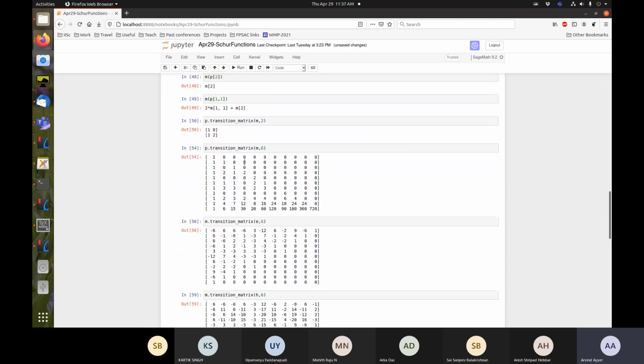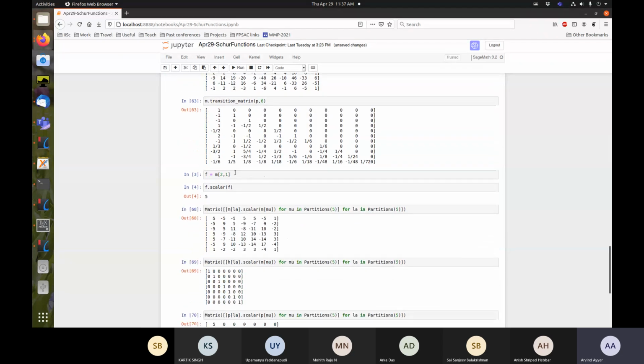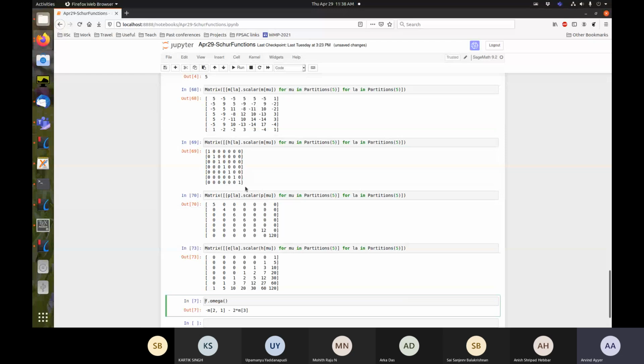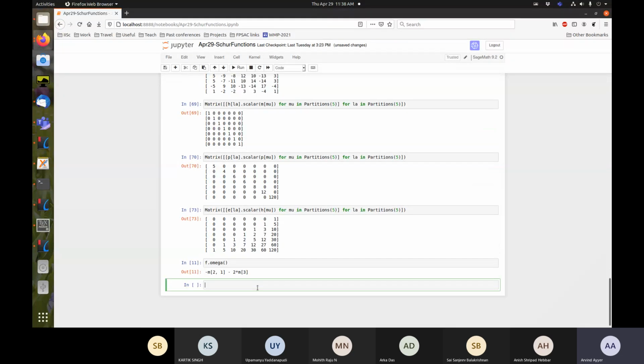I wanted to show you how to see the action of the involution. So I defined F as the monomial symmetric function for the partition 2 1, and then F.omega gives you this.